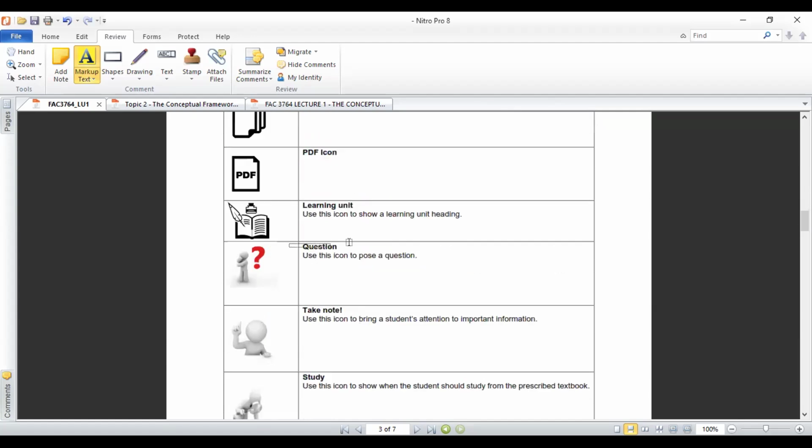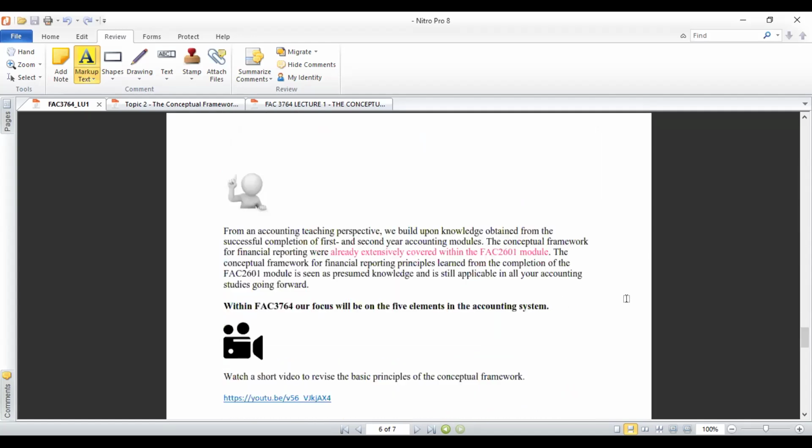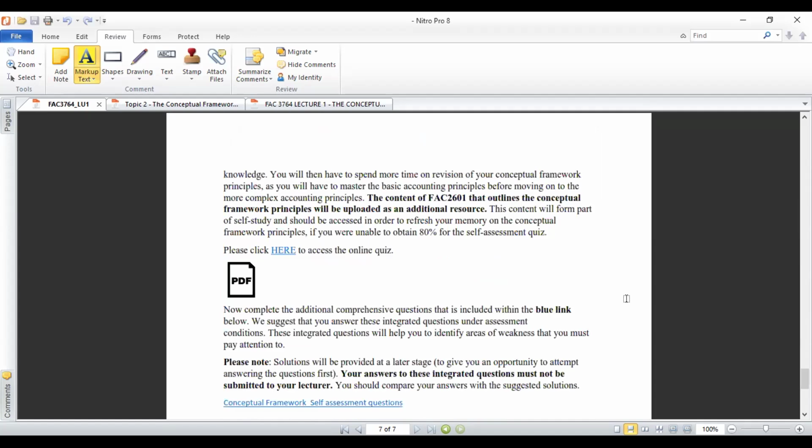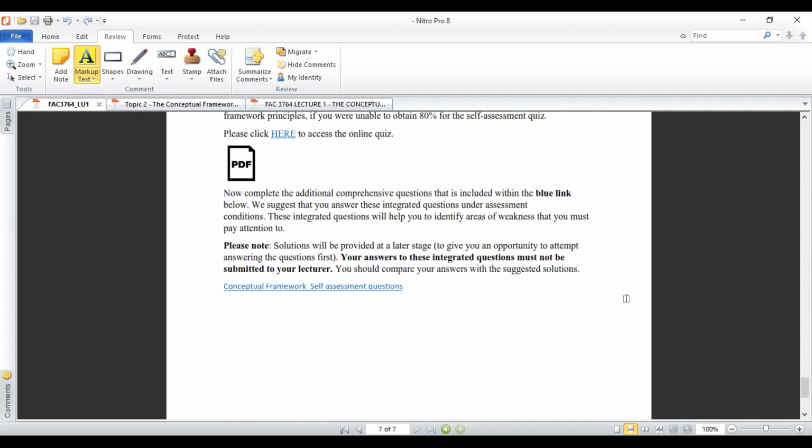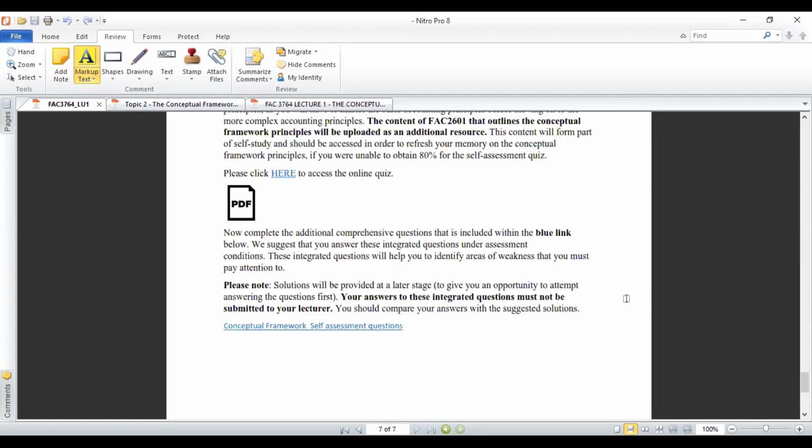The only part where I'll take you to the learning units or study guide is when we do questions, for instance those questions at the end of the study units, just so that you can be familiar with how they test on the concept or principle.